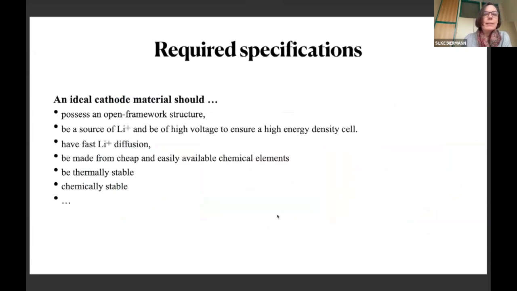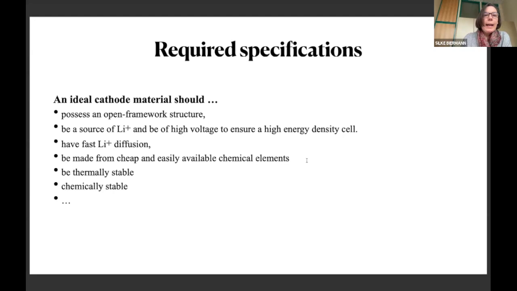We will come back to this later. It should be of high voltage to ensure high energy density, have fast kinetics of the lithium diffusion. And of course, it should also be made of cheap, easily available chemical elements and be environmentally as innocent as possible, thermally stable, chemically stable.